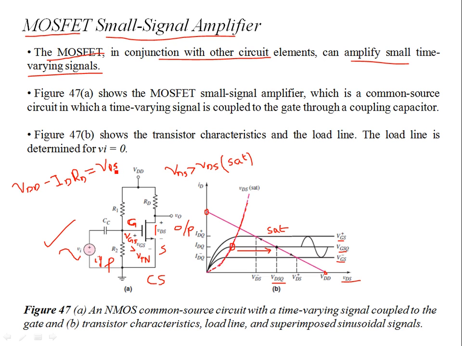So you have a linear relationship between the current ID and VDS. These are the two variables. RD and VDD are constant: VDD is your supply at the drain, RD is the load resistance at the drain.